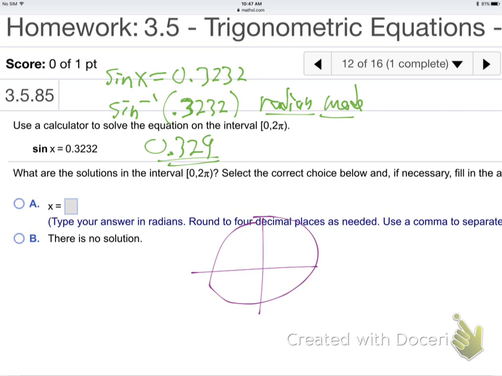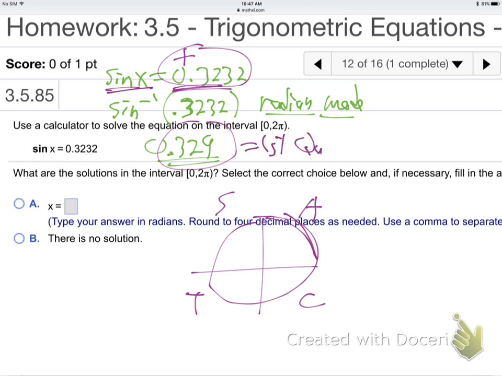Where is sine positive? That's a positive 0.3232, right? The original question is sine is something positive. All students take calculus. So which 2 quadrants? Everybody's positive in the first, and this is the first quadrant answer.